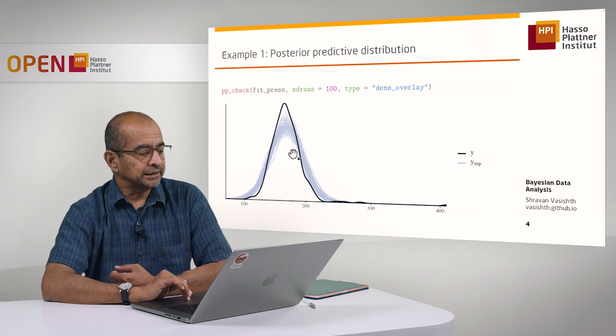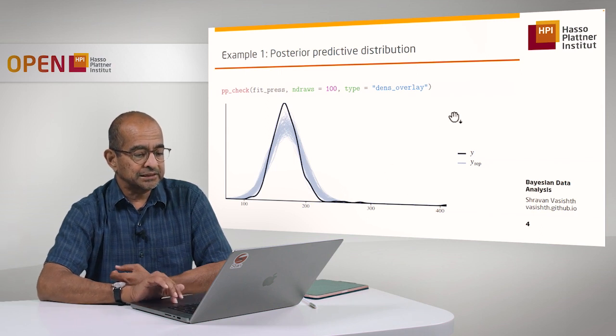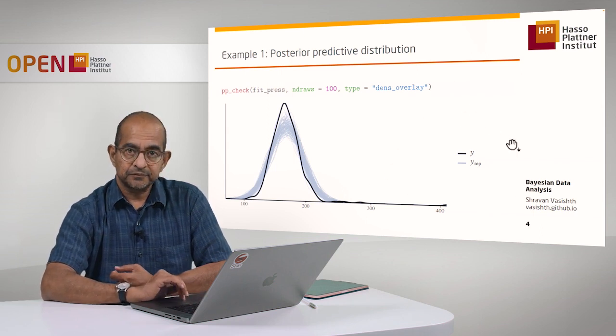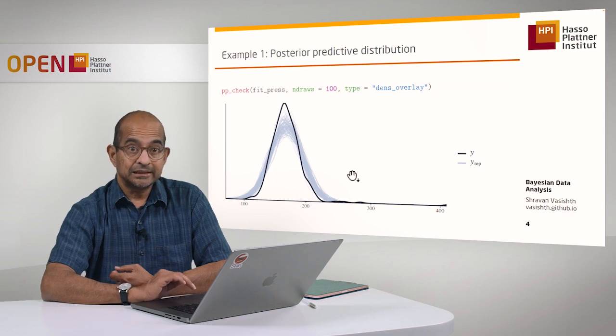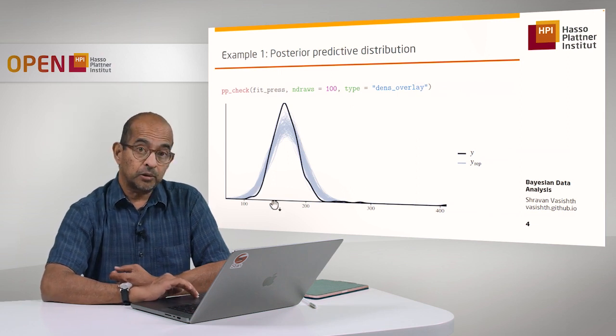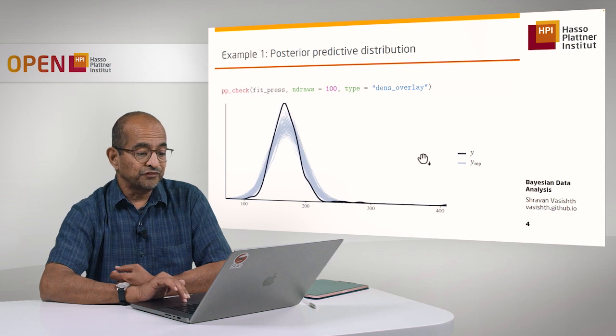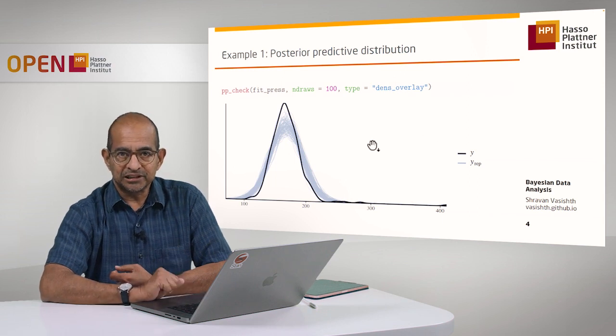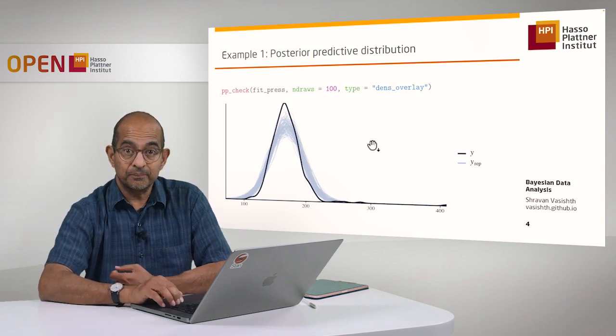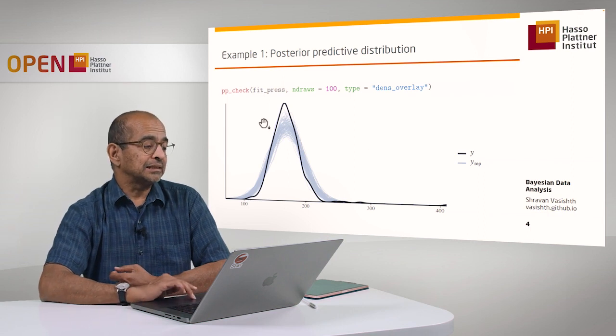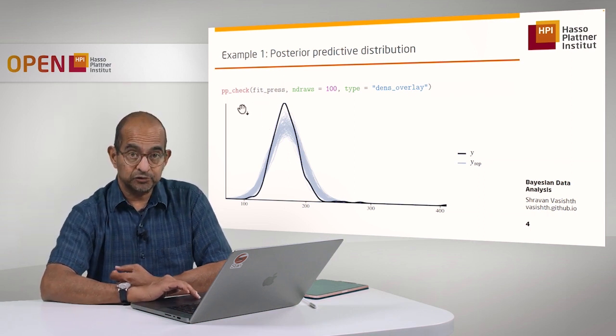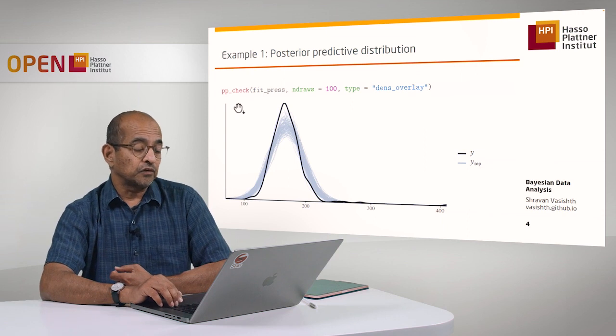These are simulated future data sets. If these blue lines had been, for example, out here, just thinking about a pathological case, that would tell you something important about the model: that the observed data and the future data seem to have no connection with each other. That's bad news, and it means there is something wrong with this model. So you would have to go back and think about how to fix it.